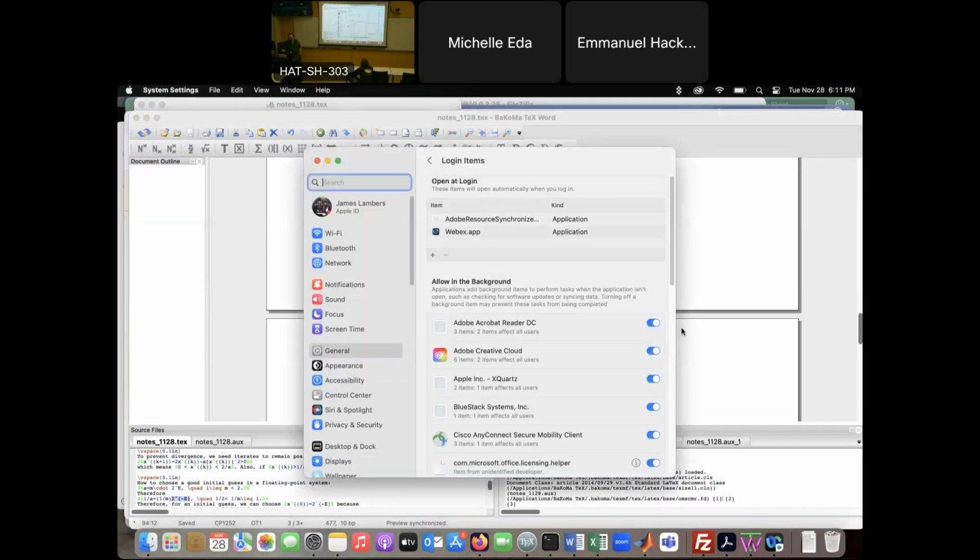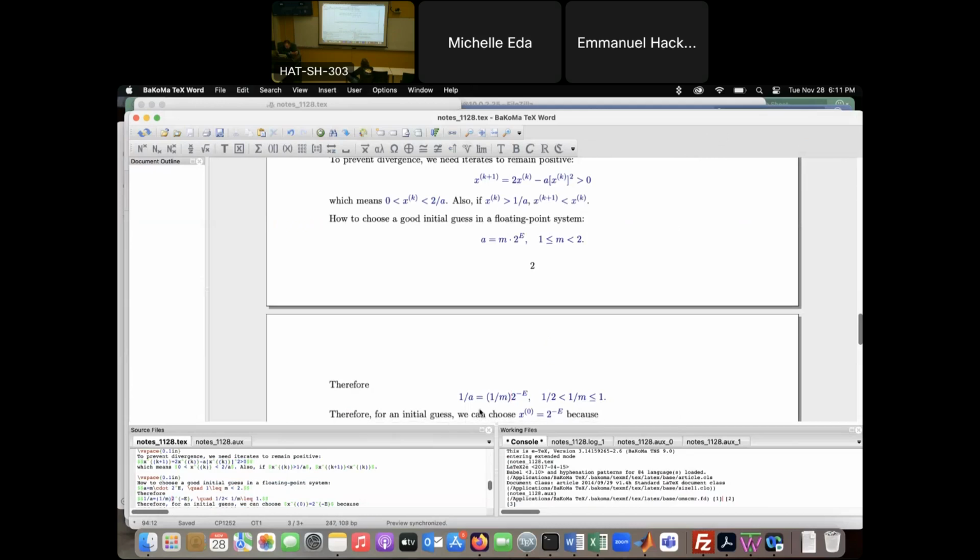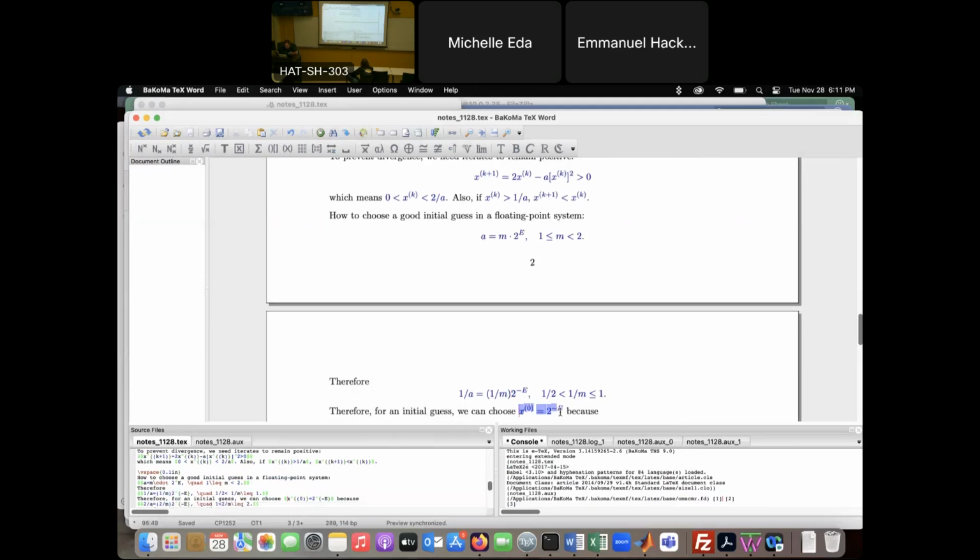Now, you don't know what 1 over m is, but you do know its range. It's between 1/2 and 1, excluding 1/2. So, here's what you can do. I'm going to choose my initial guess to be 2 to the minus the exponent of a.